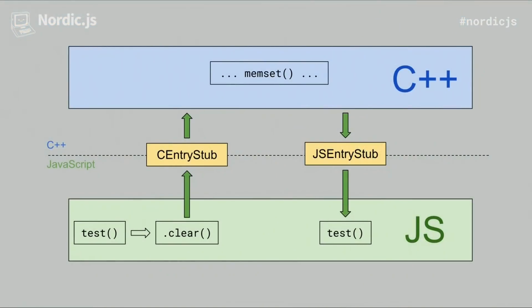And it's not because C++ is a slower language or anything like that. It's just because of the way we organize things in V8. Every time we transition between the JavaScript world and the C++ world, we have to go through this thing called the C entry stub. This is basically to do with the stack frame layout that we use in JavaScript being different to the one we have to use in C++.